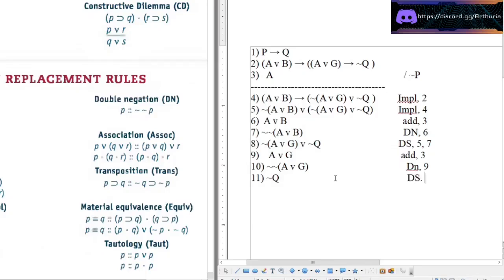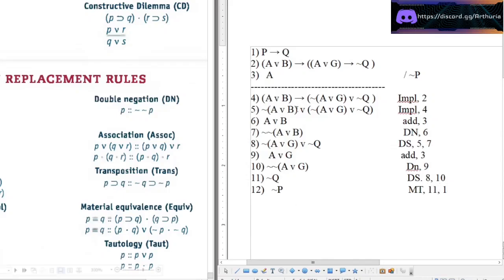Disjunctive syllogism of 8 and 10. And then 12, we get our not P through the modus tollens of 11, 1.